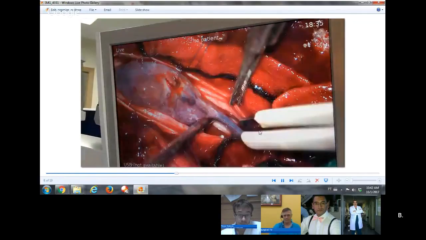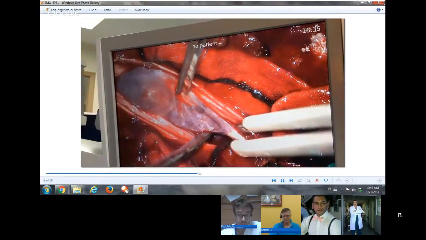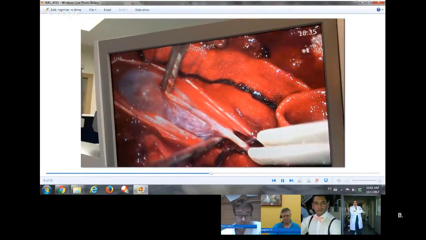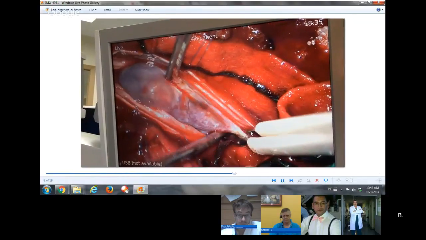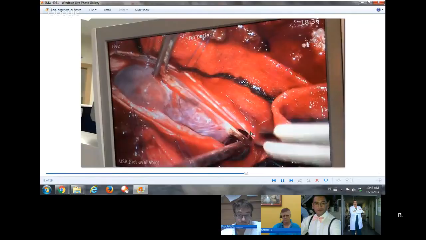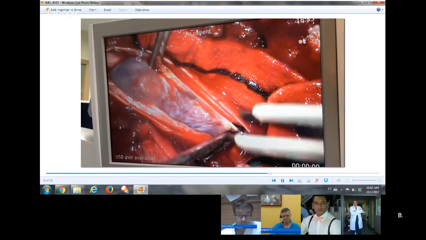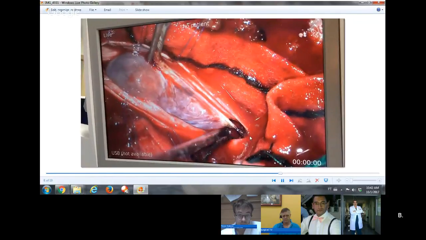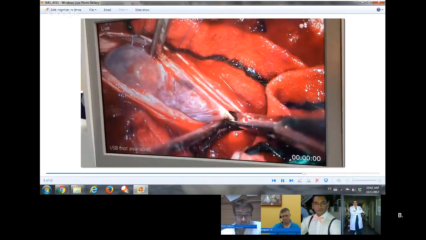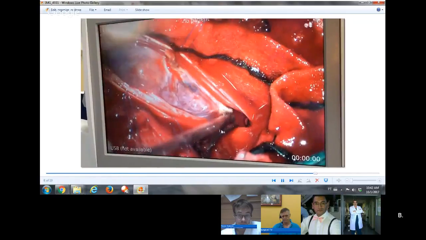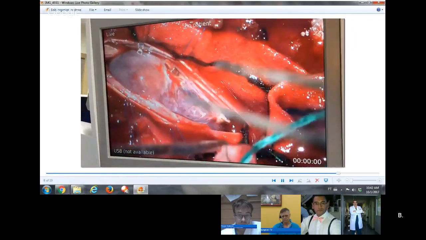Here you can see the coagulating. And now you have the proximal part of the filum and the caudal part of the filum.